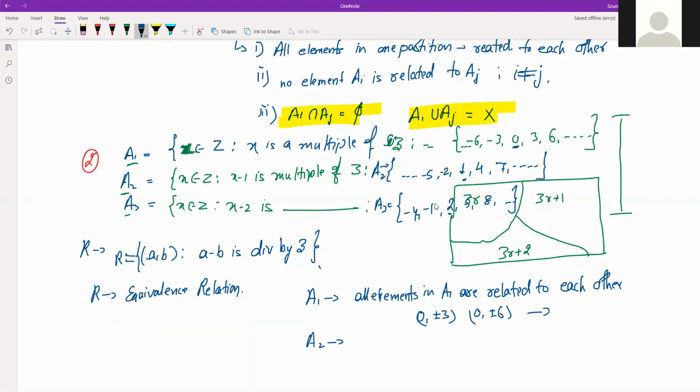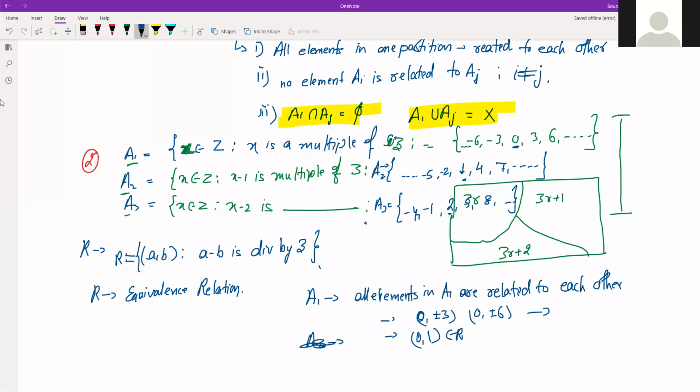Come to A2. And not just this, they all are related. Before going to that, the second property: if you take 0 from the first and 1 from the second, they are not related. 0 minus 1 is not divisible by 3.